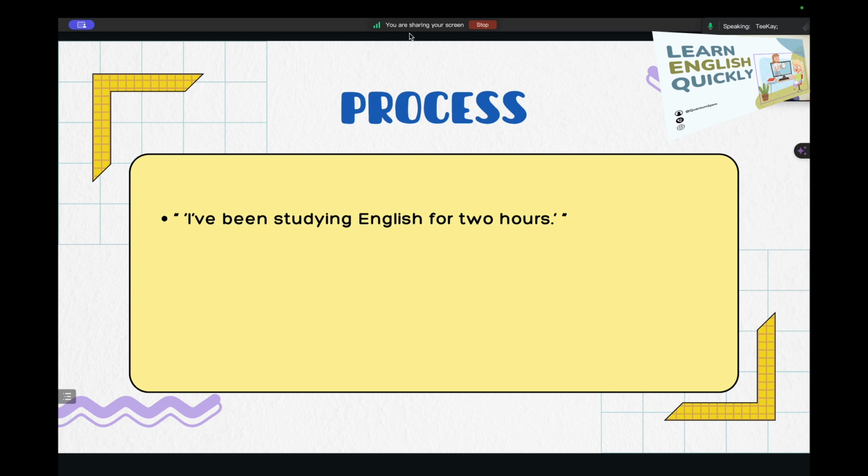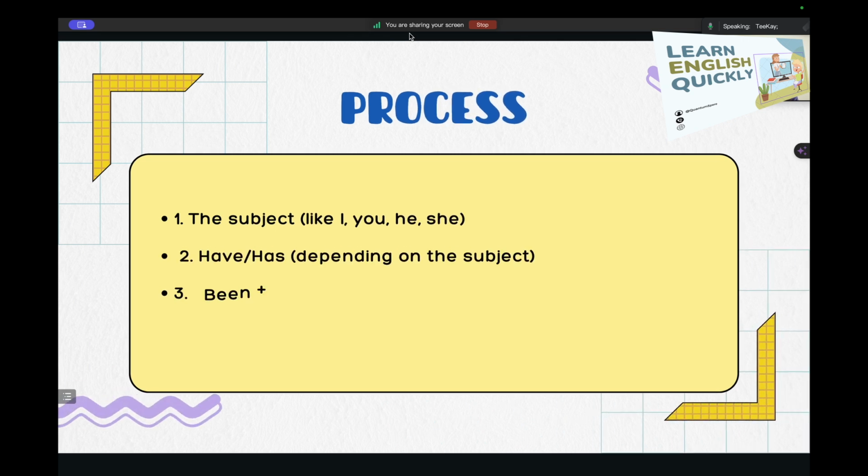But before we go any further, let's break down the structure of present perfect continuous tenses. Present perfect continuous tenses have three parts, which are the subject, have or has, depending on the subject, been, and the verb's ing form.